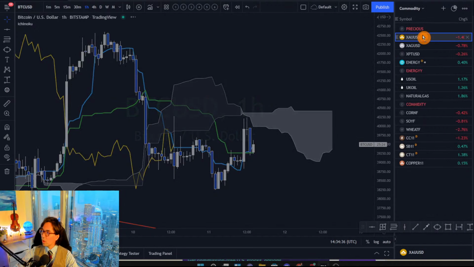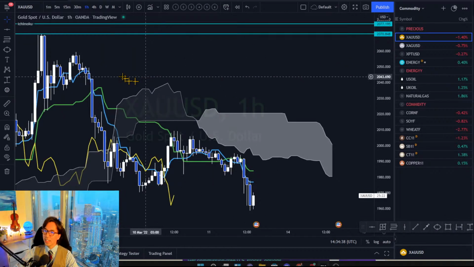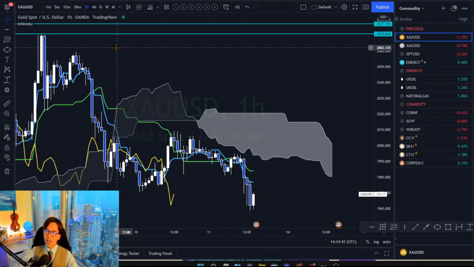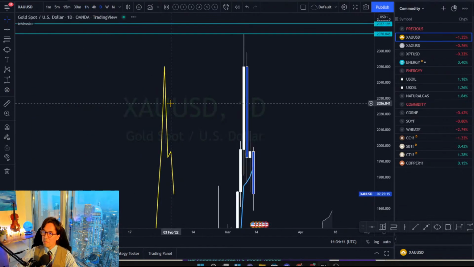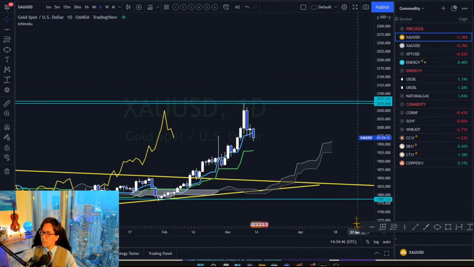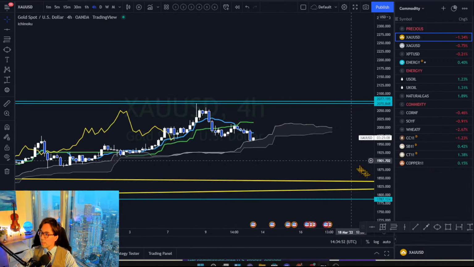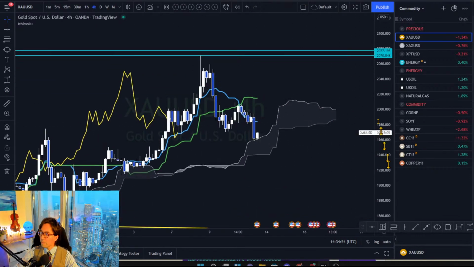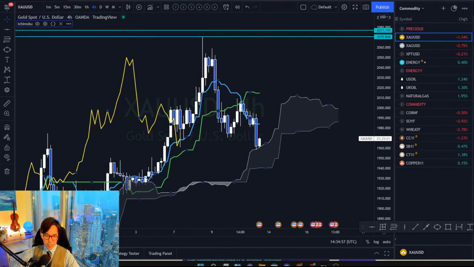And in terms of gold, XAUUSD, the market has been bearish. And also it broke the neckline of the daily time frame, if you notice it. Oh, sorry. I think you better check the forward chart to see the head and shoulders. So this is gold forward chart, and there was a head and shoulders.